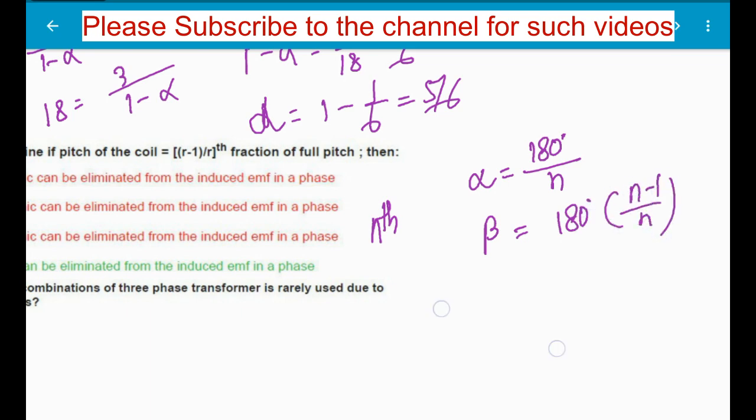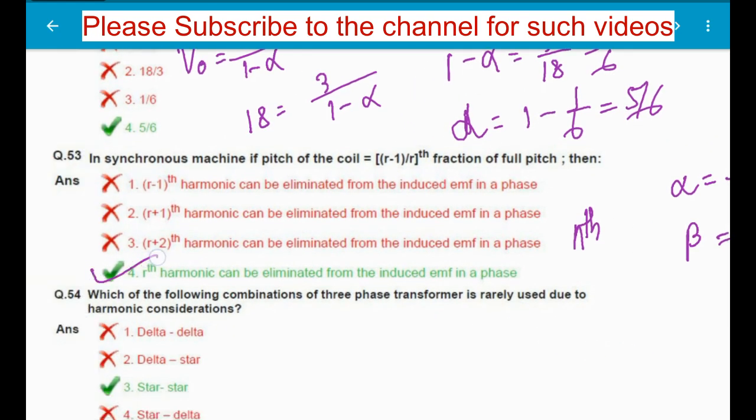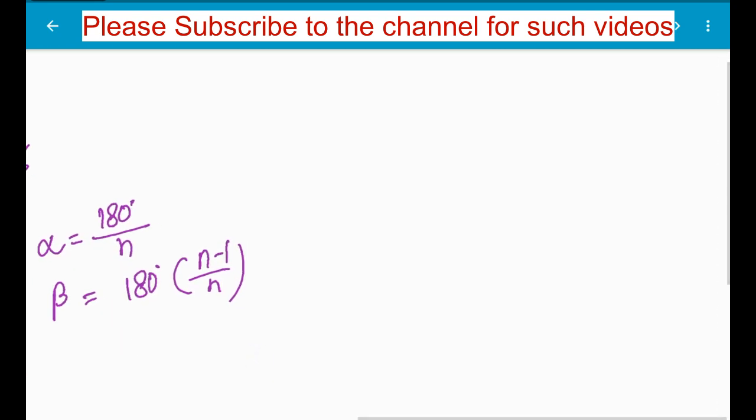What are alpha and beta? So here the answer is rth harmonic can be eliminated from the induced EMF phase.